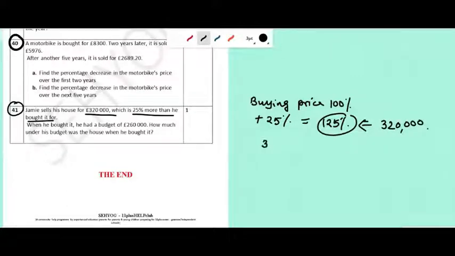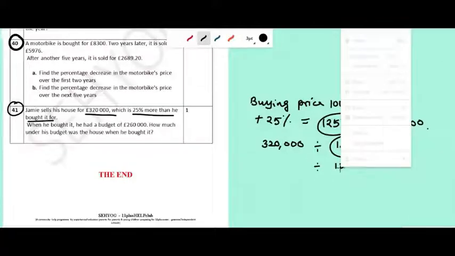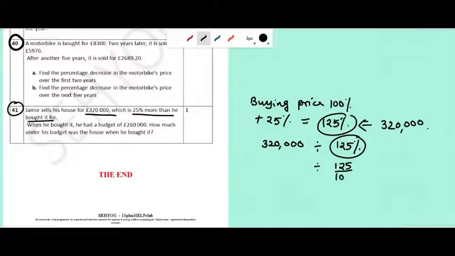320,000. So we have to divide 320,000 by 125%. So the fraction interpretation of this is 125 upon 100, and when we are dividing it, we are actually multiplying with 100 and dividing by 125.